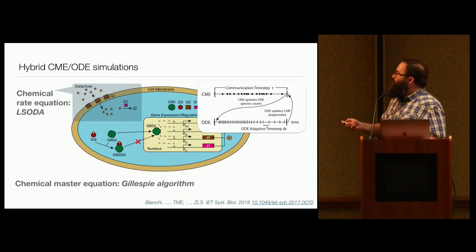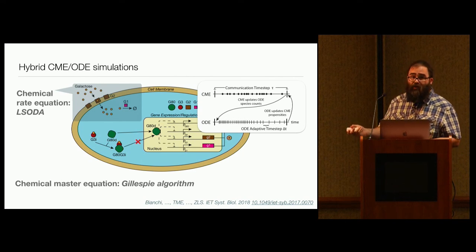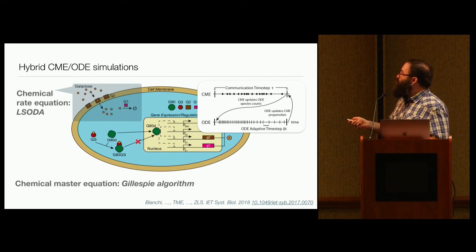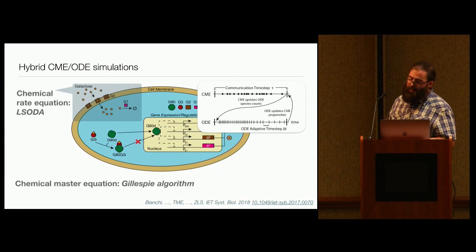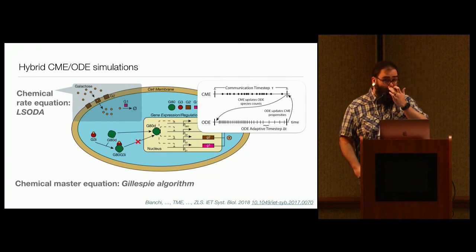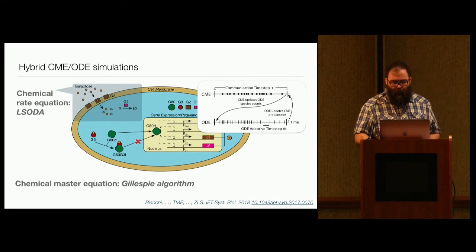We simply advance time from the CME solution up to some communication time, which I'm going to call tau. We then communicate the state to the ODE solver, and we then propagate the ODE solver again by tau and communicate the concentrations back. So it's a pretty simple scheme, but it works remarkably well.